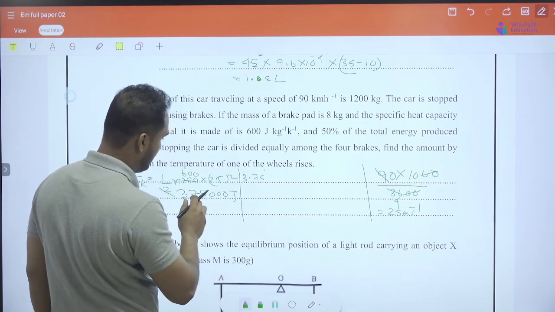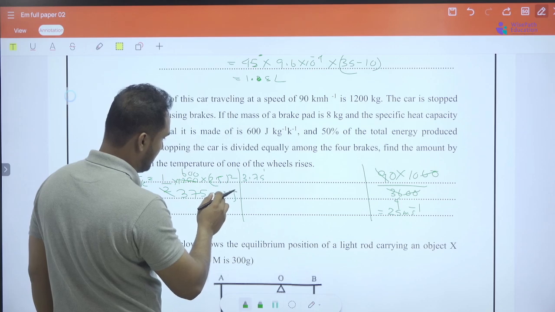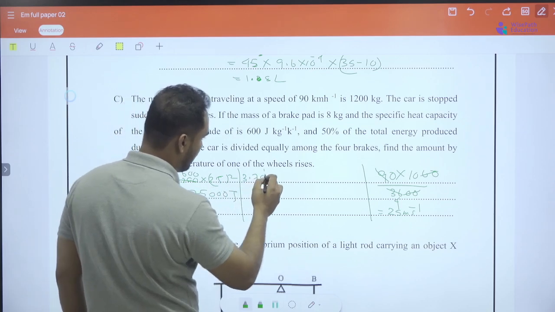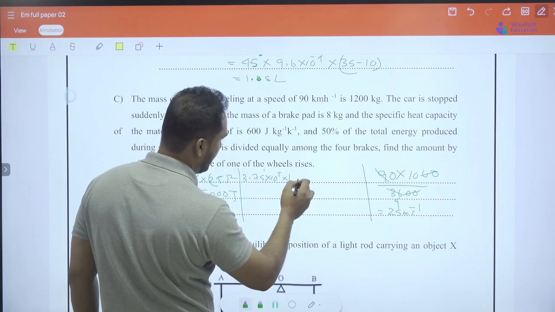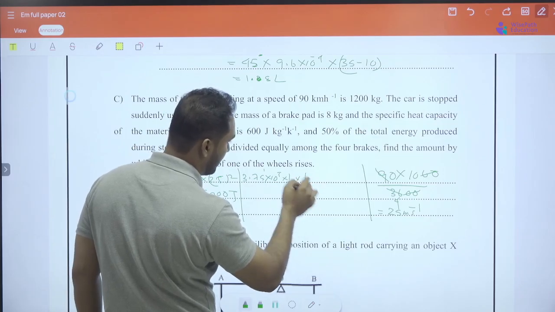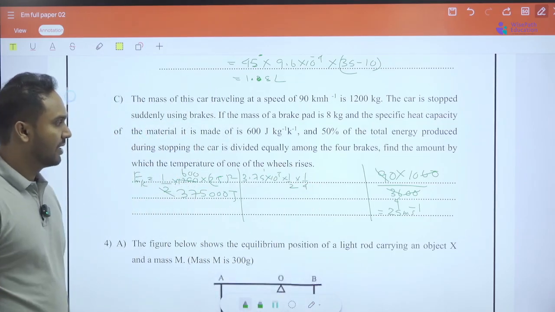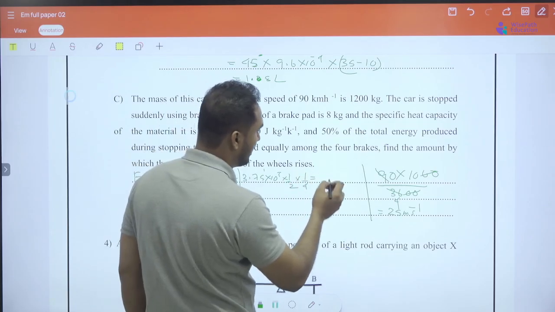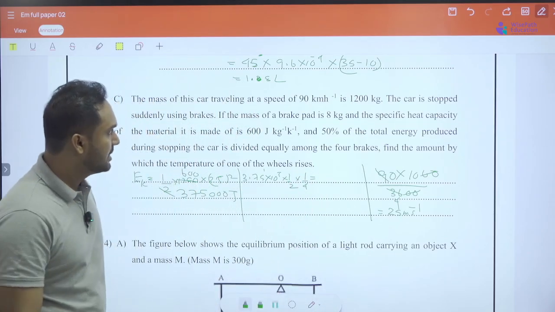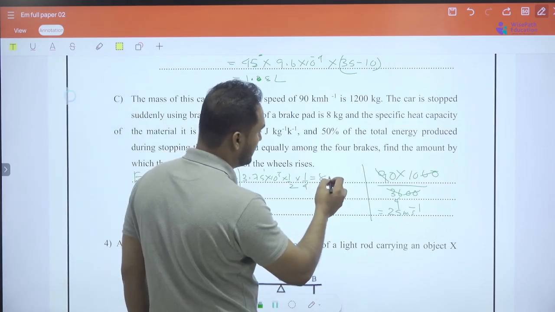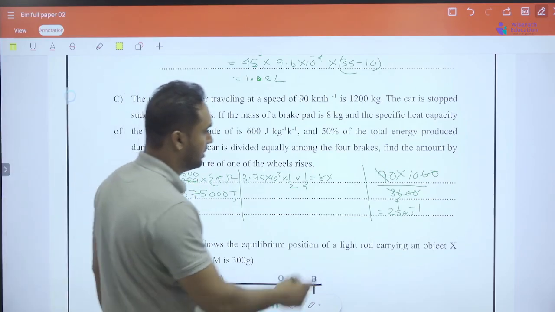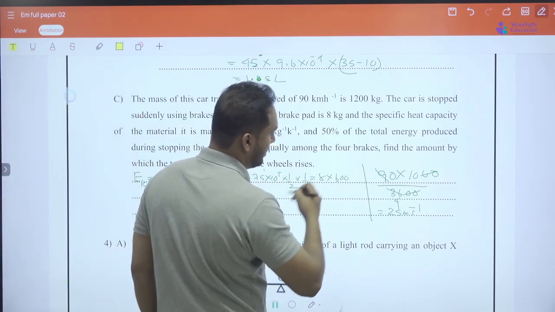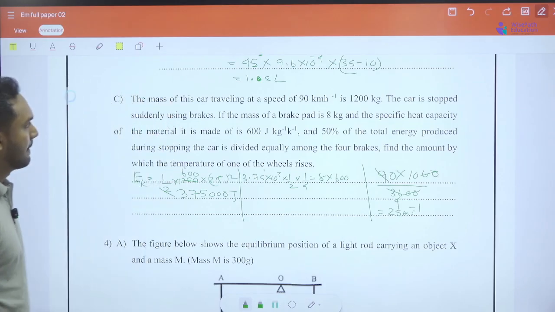3.75 into 10 to the power 5, and half of it and again quarter of it is equal to mc delta theta. M is 8 kilograms, C is 600. Initial temperature isn't given, right?